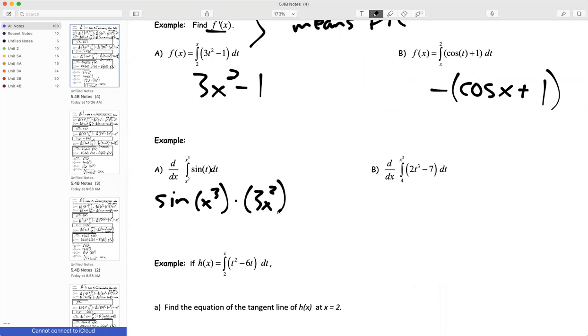And I've got a variable for the bottom bound also, so I'm going to subtract and then plug that in. And so I get sine of x cubed times 3x squared minus sine of x squared times 2x.